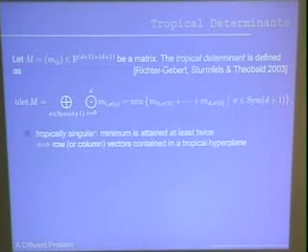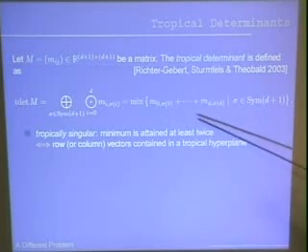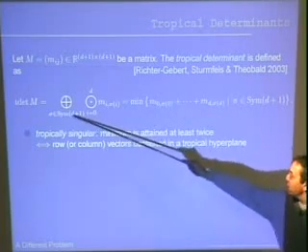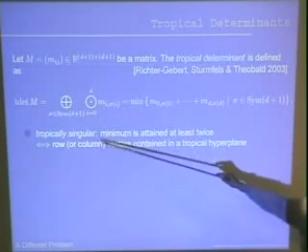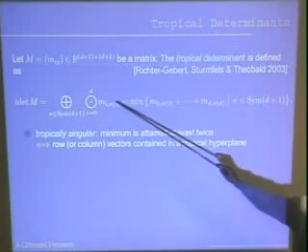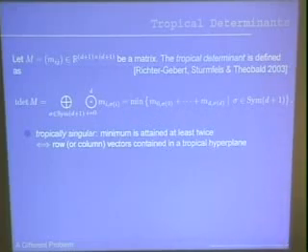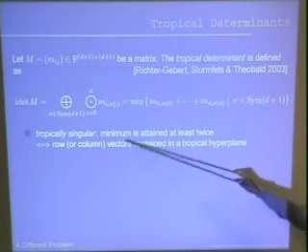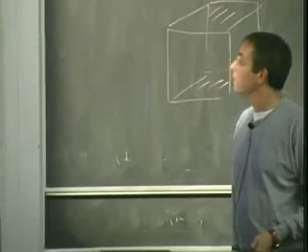It is a minimum of a couple of expressions indexed by elements in the symmetric group on d+1 elements. And this whole thing is tropically singular if and only if this minimum, taken over (d+1)! expressions, is attained at least twice. This is equivalent to saying that the row or column vectors are contained in a tropical hyperplane, and this has been studied by Richter-Gebert, Sturmfels, and Theobald.